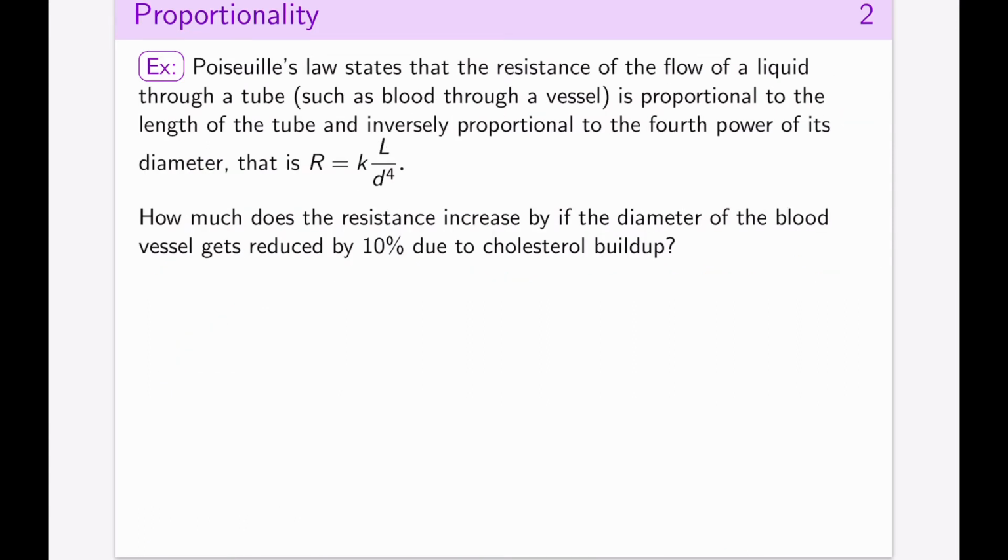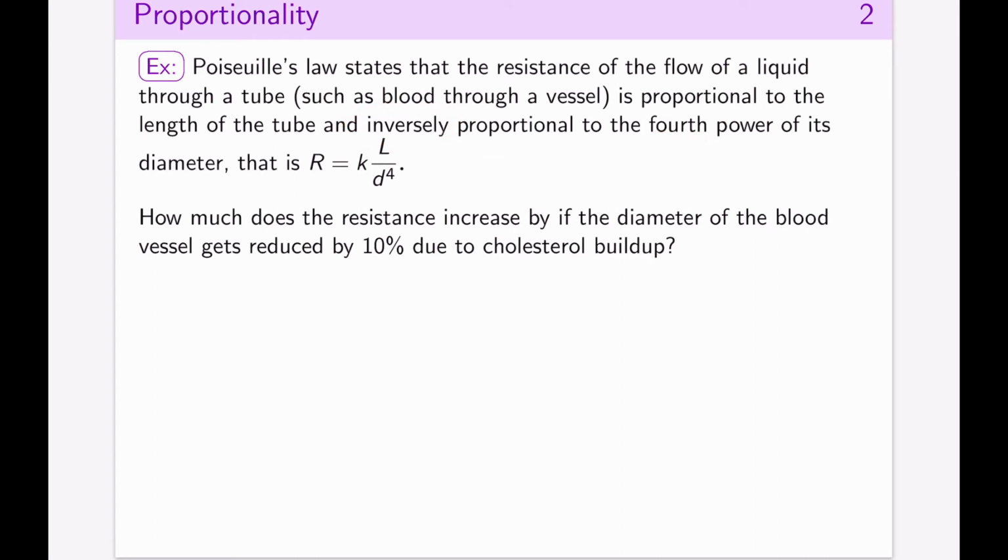Here's another example of proportionality and how we can use it to figure out the increase or decrease relationship between certain quantities. Poiseuille's law states that the resistance of the flow of a liquid through a tube, for example blood through the veins, is proportional to the length of that tube and inversely proportional to the 4th power of its diameter.